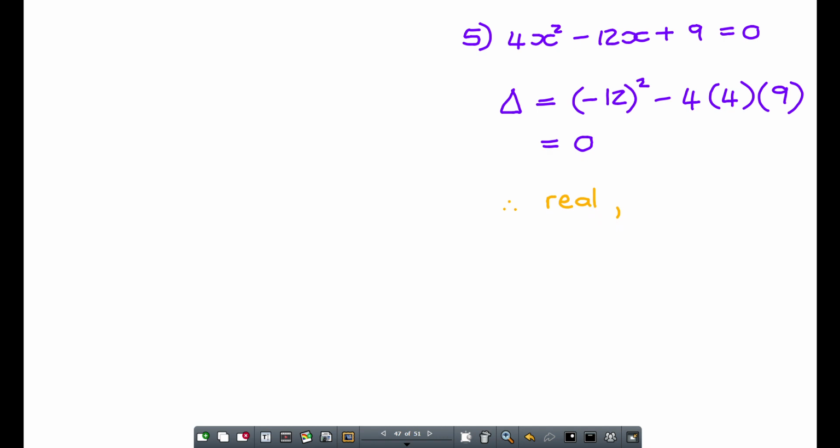Okay, is it rational, irrational? Rational. Is it equal, unequal? When delta is equal to 0, it would be equal. Nou het ek hom lekker mengels geskryf, né? Real, rational en gelyk. Or real, rational and equal.